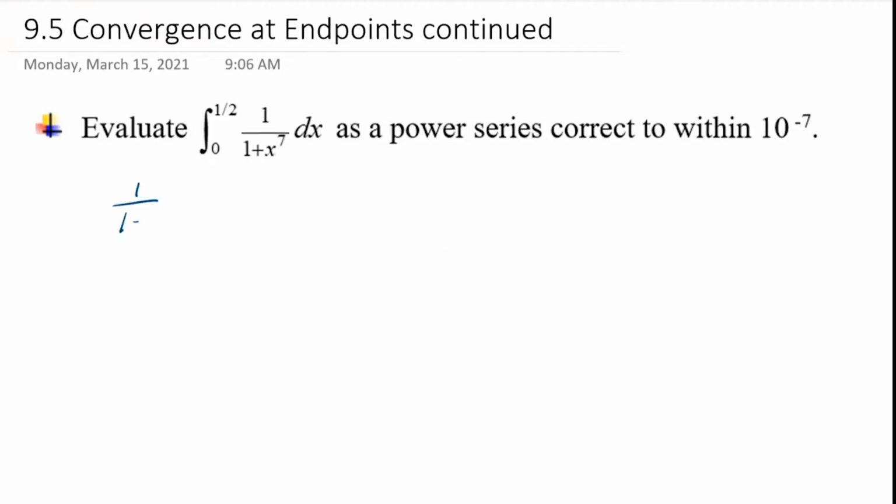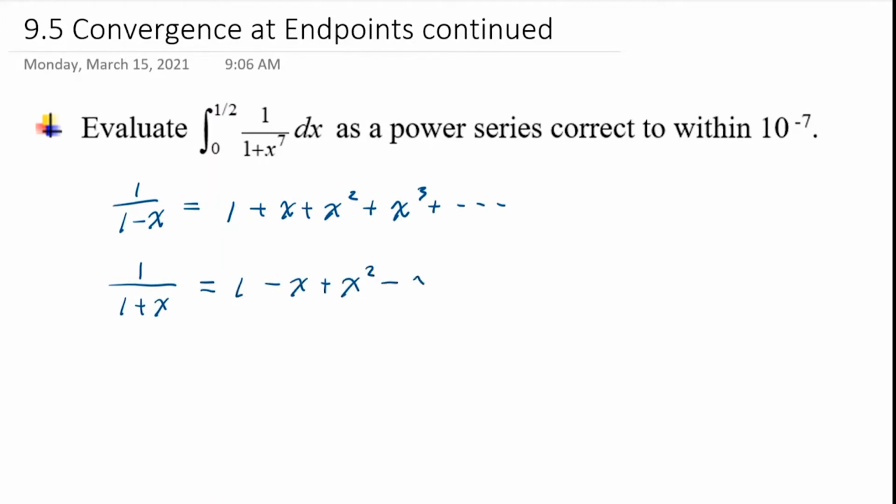1 over 1 minus x. We'll start there, right? Because we're building this the microwave way. So 1 plus x plus x squared plus x cubed plus ... is what that thing was. So we switch x to negative x. So we have 1 minus x plus x squared minus x cubed ... Good.